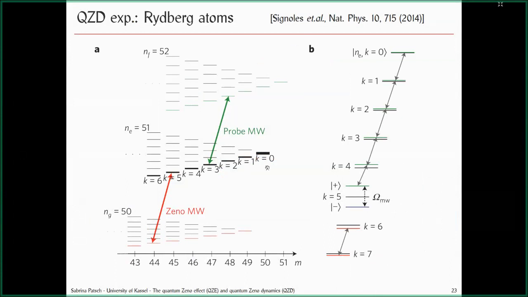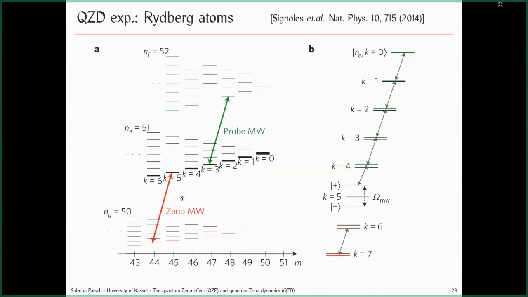And what we do here is then inducing Zeno dynamics by switching on another coupling microwave field. So the red arrow here induces a very strong coupling between these two states, which are labeled by k equal 2, k equal 5, and the lower manifold. And this strong coupling induces a splitting of the energy levels.